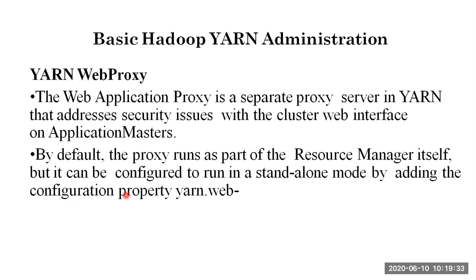When you configure this with the help of Ambari, you go into the YARN config view, scroll to the bottom, select custom yarn-site.xml, and then go for add property. You can do it both in standalone mode and in the other mode, and if required, you can also add a few elements with the help of yarn-site.xml.